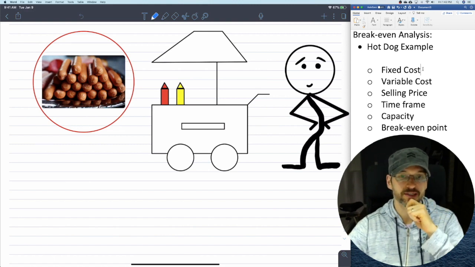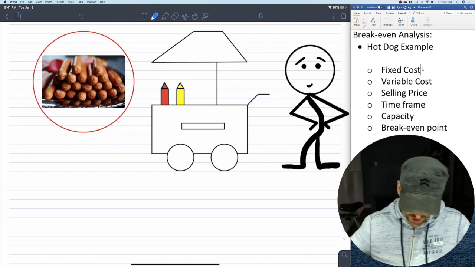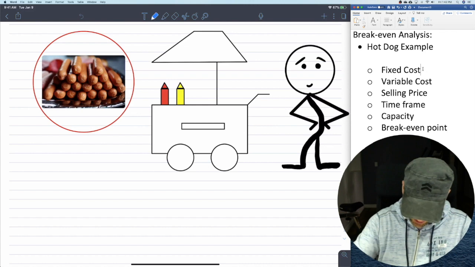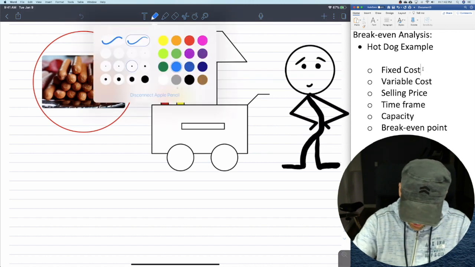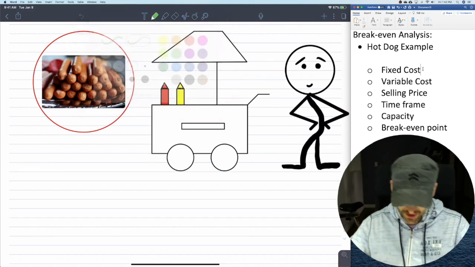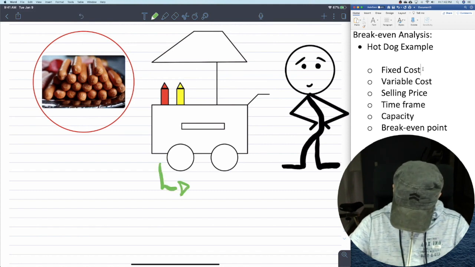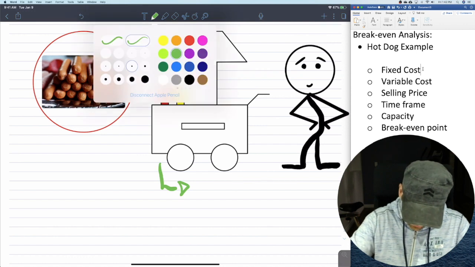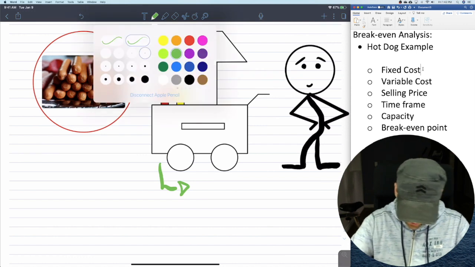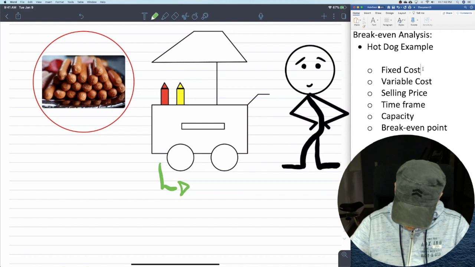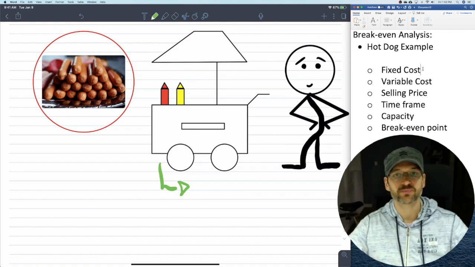If you wanted to sell hot dogs, you know that you're going to have several things to worry about. One of those things is this fancy cart right there, and that cart is going to cost you something, right? You might rent it or you might buy it outright.